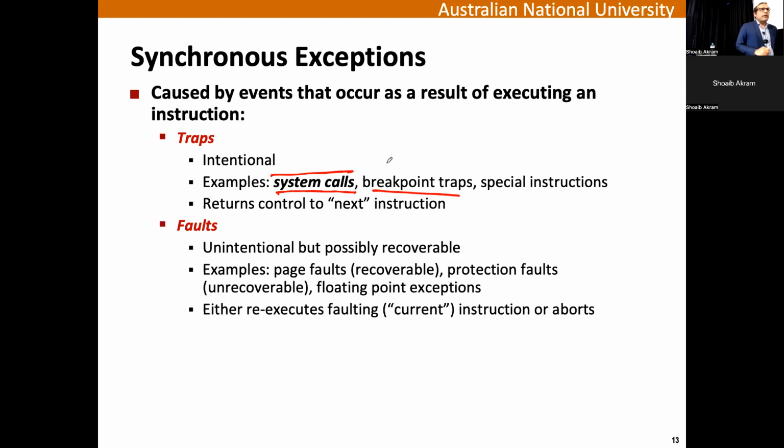A lot of you are seeing a special kind of fault in the labs. What is it called? What's the name of it? Segmentation fault. Okay, so hopefully after 1 or 2 lectures, you'll understand what that means. It's an example of a synchronous exception.